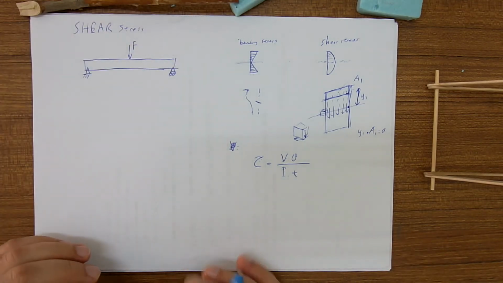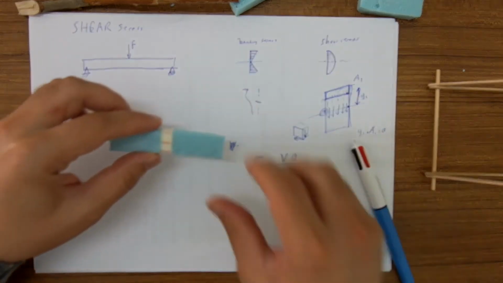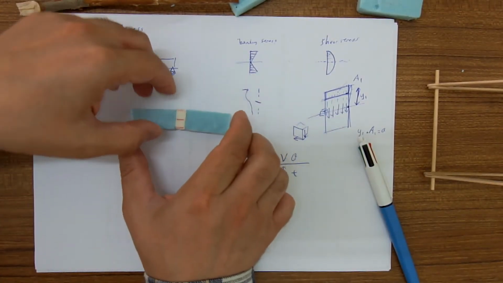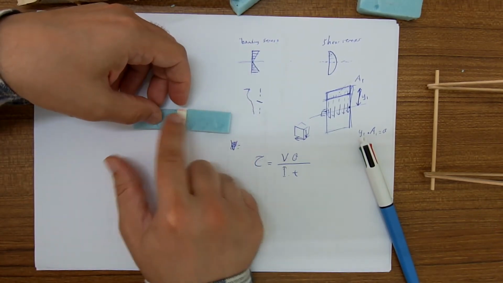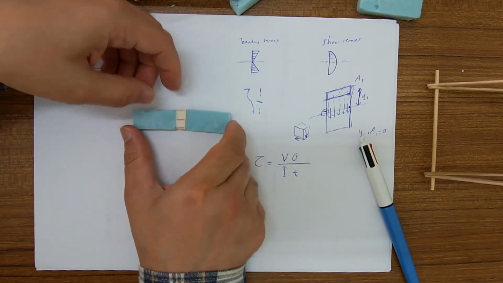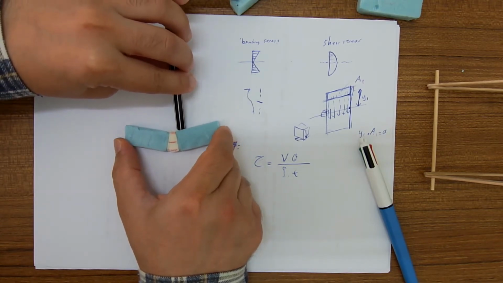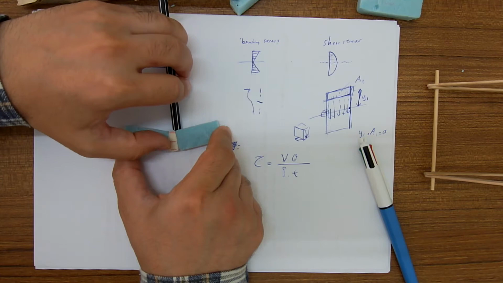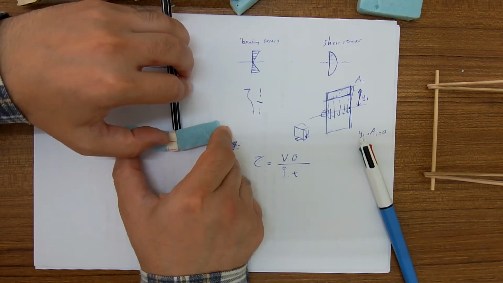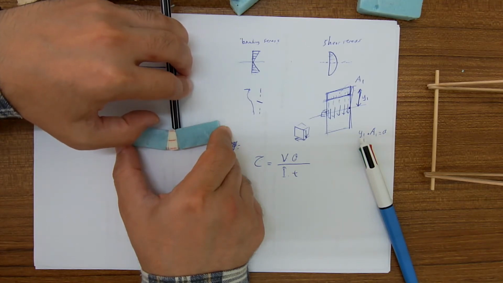So you may ask why the shear stress is maximum at the mids. Let's look at this. Look at this foam I made. I put some soft material at the mids of two pieces of foam, and when we apply a load like this, you see that the lines at the top are getting shorter, the lines at the bottom are getting larger, elongated, and the line at the mid didn't change its length.